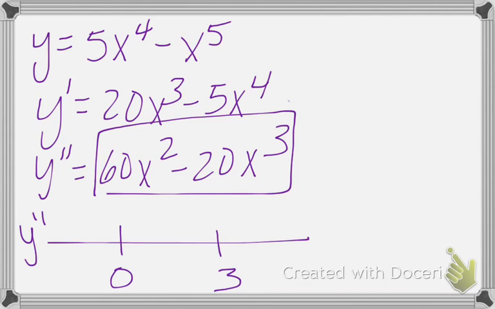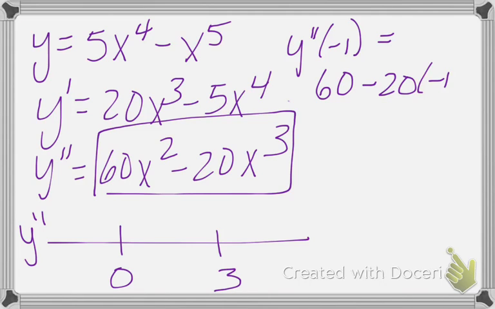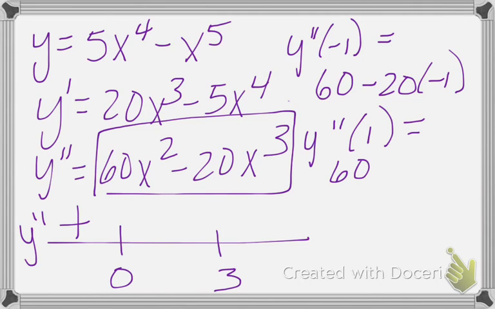Okay, so if we try y double prime of -1, we're going to get 60 times 1 minus 20 times -1. So 60 plus 20 is positive. And if we do y double prime of 1, we're going to get 60 minus 20, that's positive.